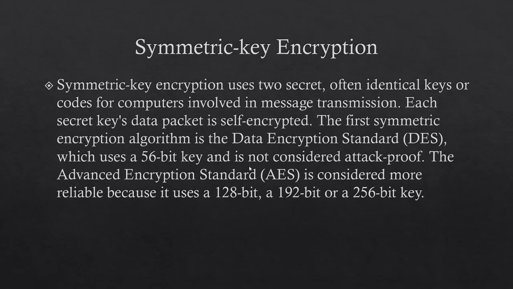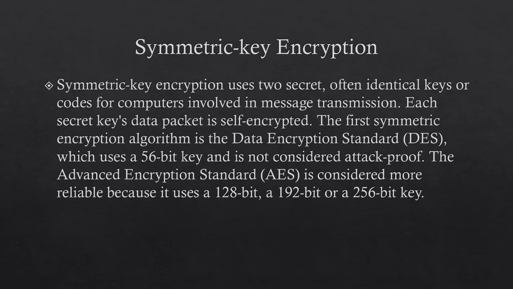The first symmetric encryption algorithm is the Data Encryption Standard, which is DES, which uses a 56-bit key and is not considered attack proof. The Advanced Encryption Standard, AES, is considered more reliable because it uses a 128-bit, 192-bit, or 256-bit key.